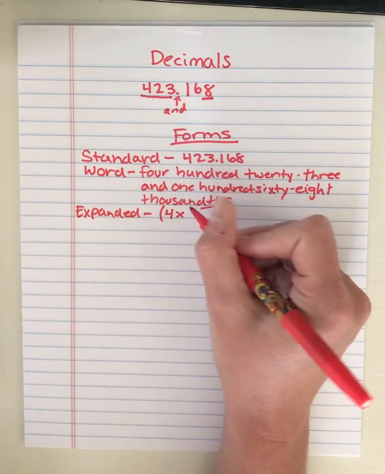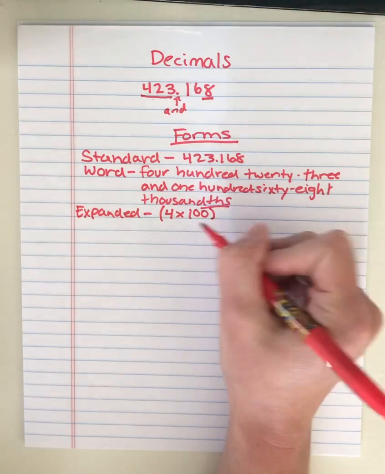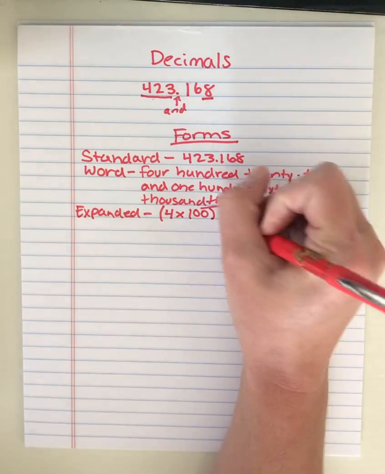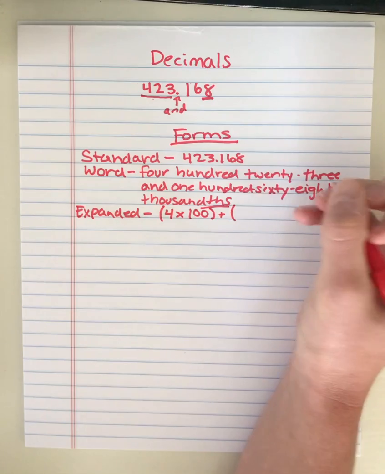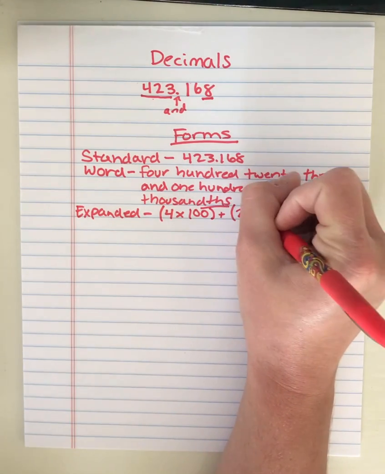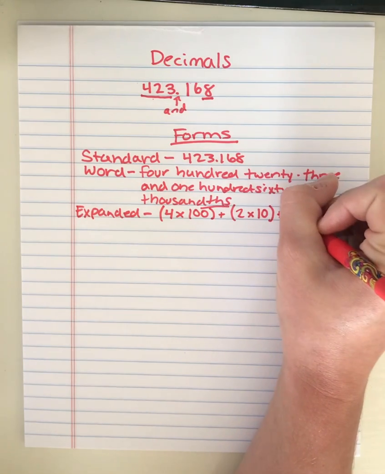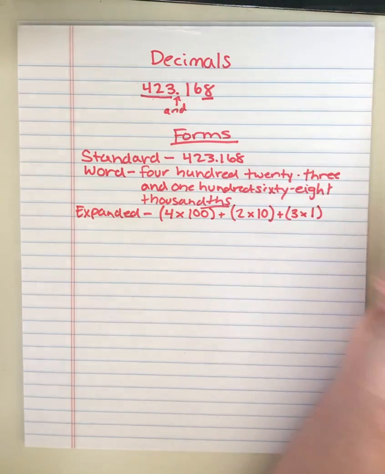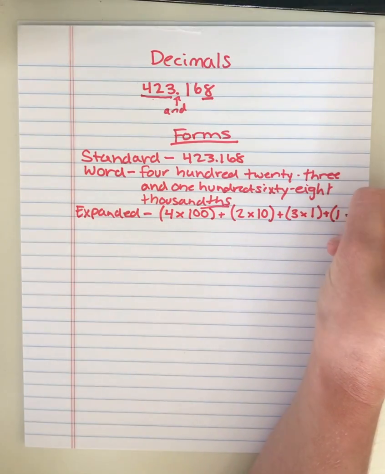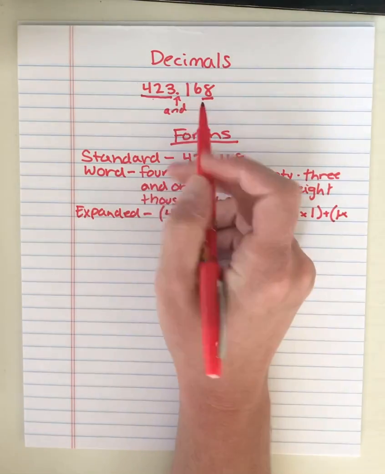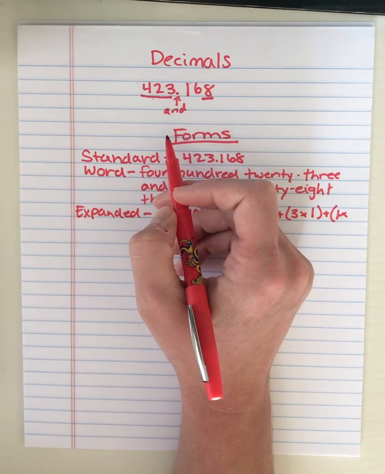So the 4 is in the hundreds place, so we say 4 times 100 plus our next number is 2 times 10 because it's in the tens place, plus 3 times 1 because it's in the ones place, plus 1 times, now the 1 is in the tenths place.